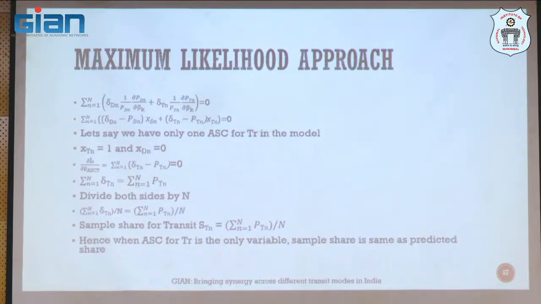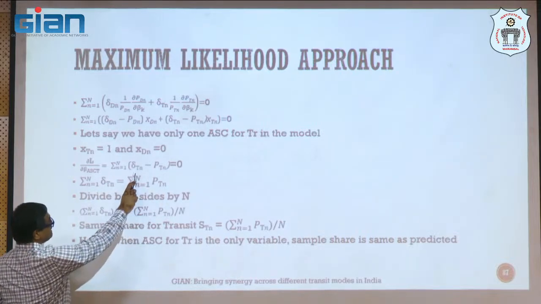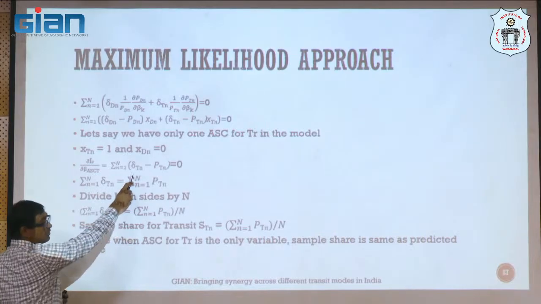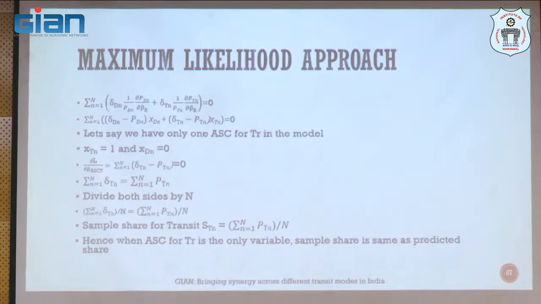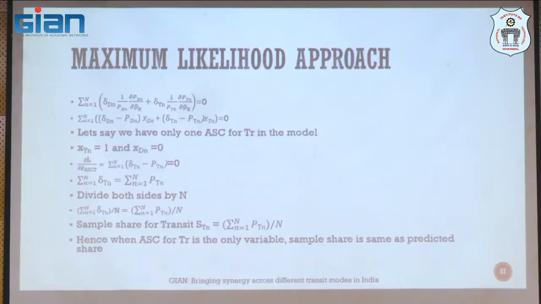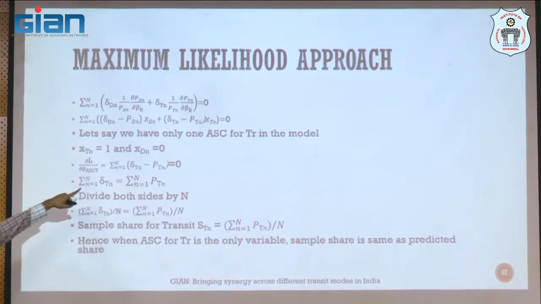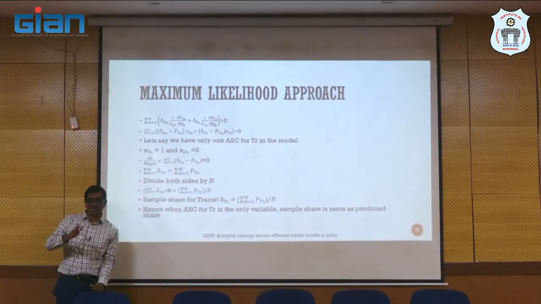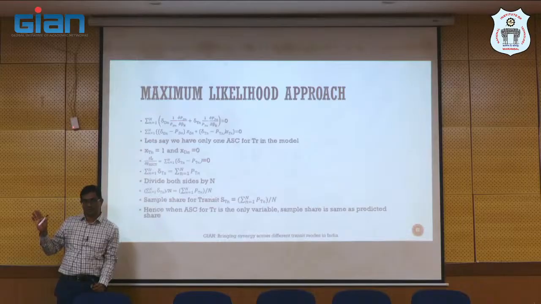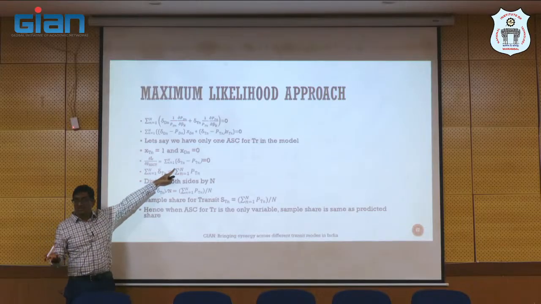Does everybody see that? If you add this term, delta TN minus PTN, what is the sum of delta T? Delta TN is 1 if you chose transit, and delta TN is 0 if you chose drive. So if I add all delta TN's in my data set, and 300 people chose transit and 700 people chose car, the sum will be 300.